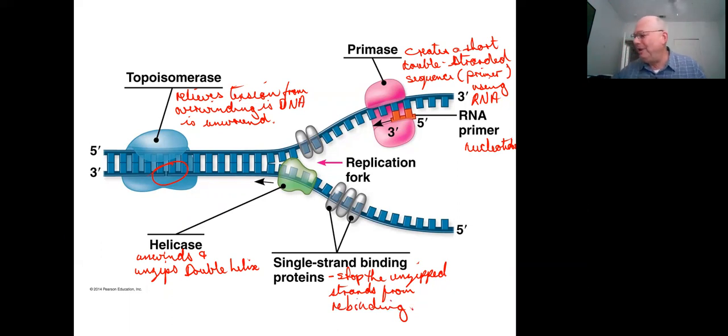So that's what all of these are doing. These are the major players. This is what is going on at the origin of replication. So helicase is what binds at the origin of replication, unwinds and starts unzipping the DNA.